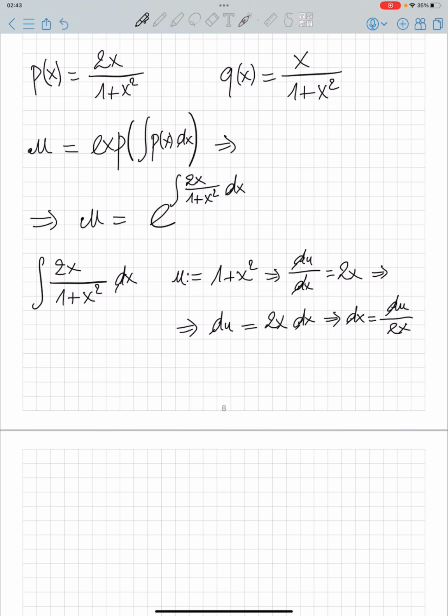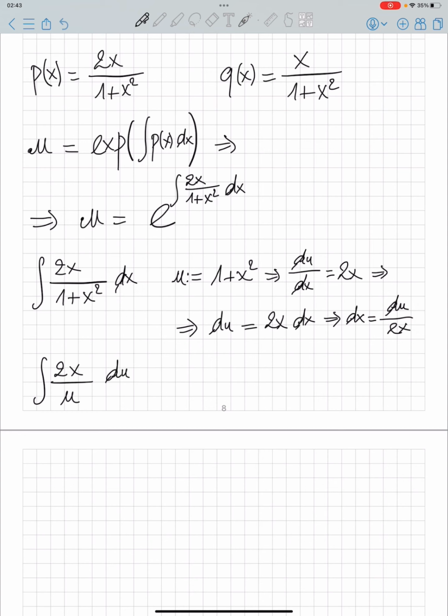Now we can write our integration. This is equal to 2x over u, because we said that u is equal to 1 plus x squared. Now dx, we've just found it, which is du over 2x, right?